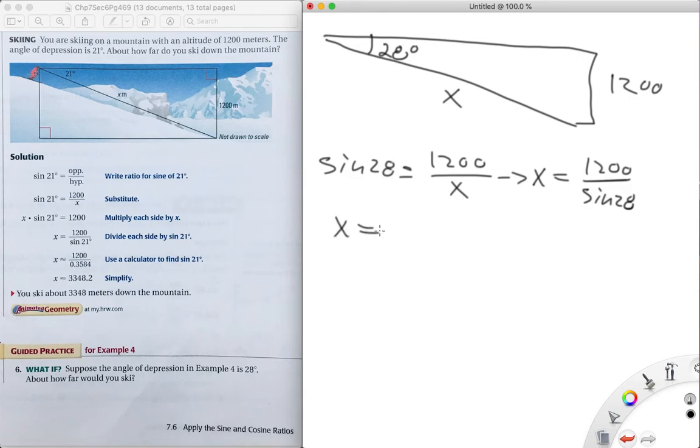So the distance of the slope that he went down is 2,556.07 meters.